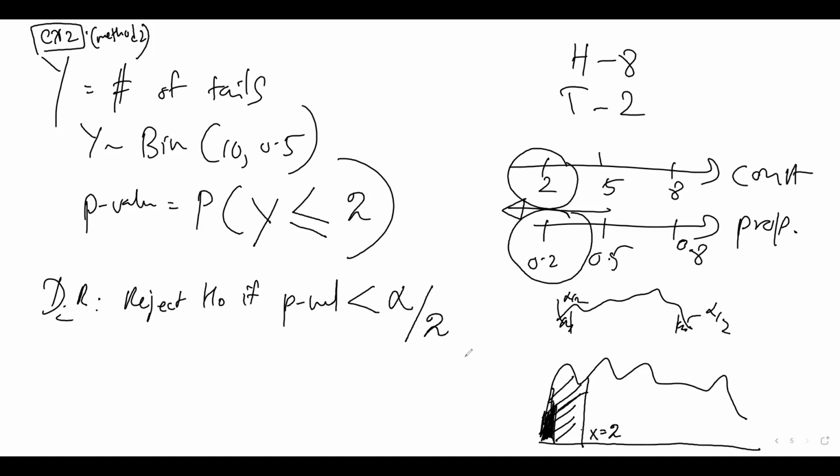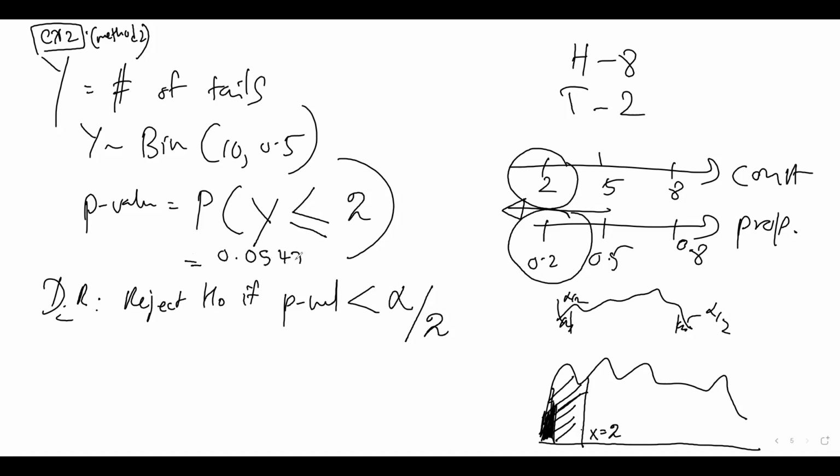Please remember this again, because we are transforming a two-sided test to a one-sided test in order to get the results, right? When you compute this manually, you have to get the same thing.